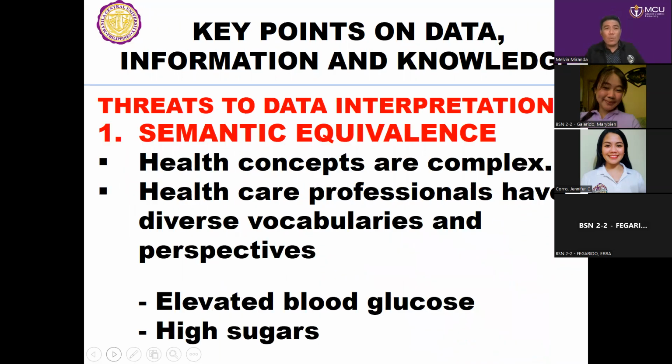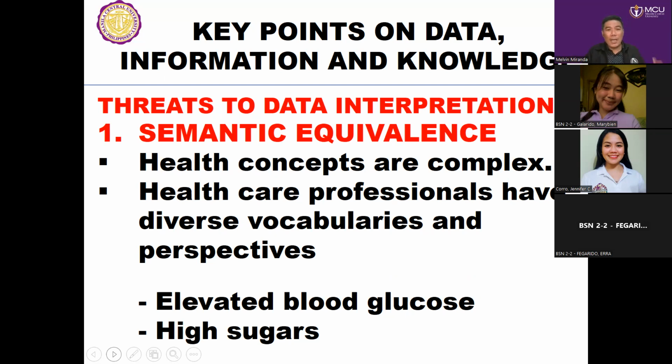So that's why there are threats. When we say threats to data interpretation, there are things we really need to take into consideration, so we must be very careful in the interpretation. Because we all know, when we say semantic equivalence, there are situations where we need to consider the layman's interpretation versus that of allied health.